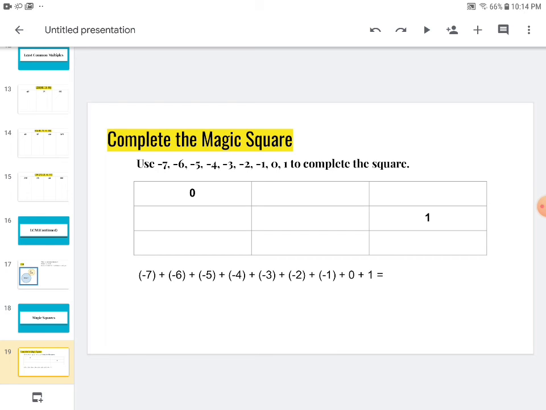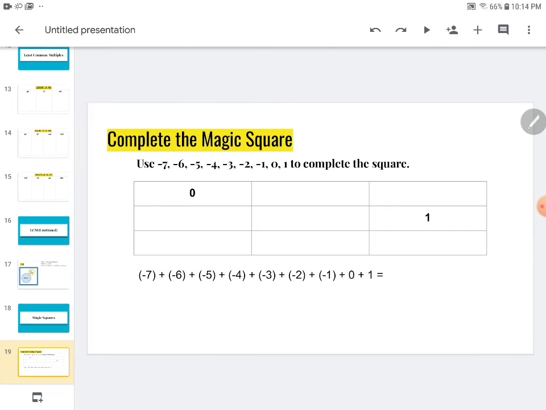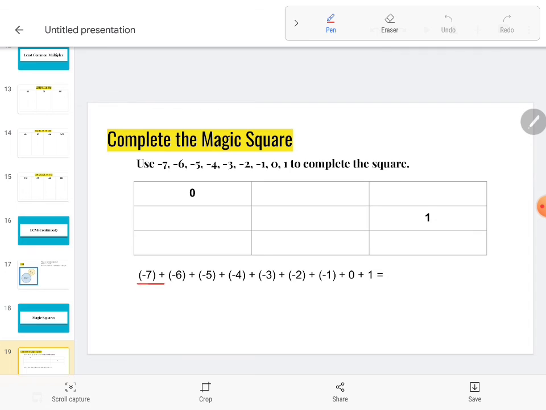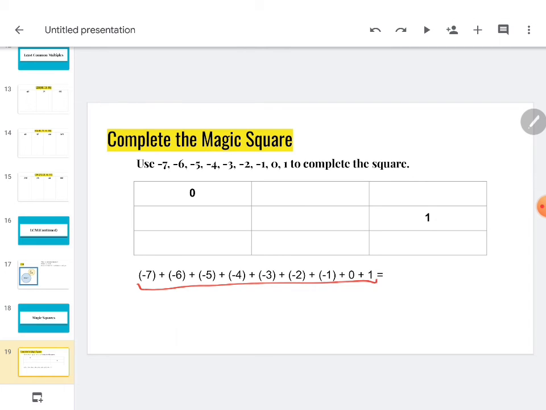So our first step here would be, let me get that screen right back up, to add all of our numbers that we are given, like this problem shows.